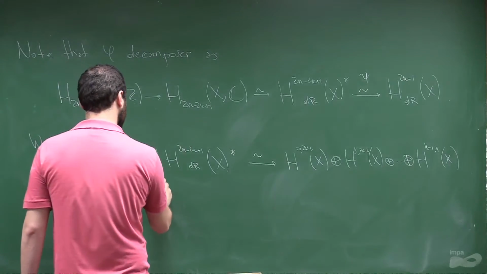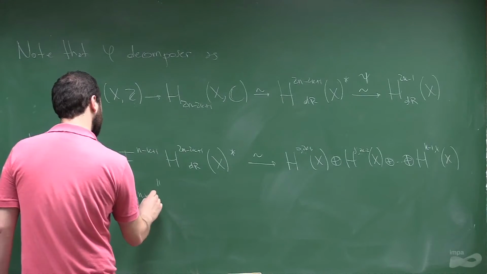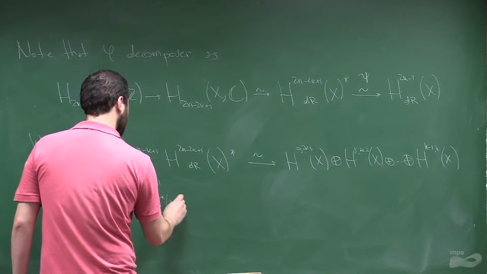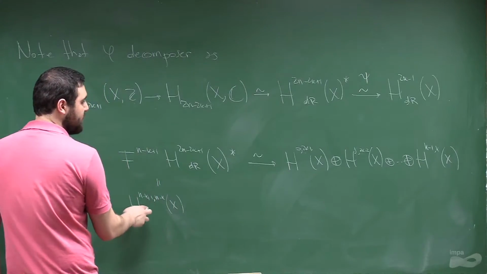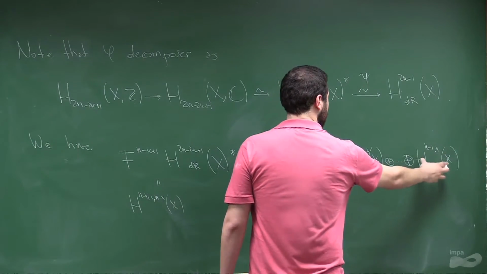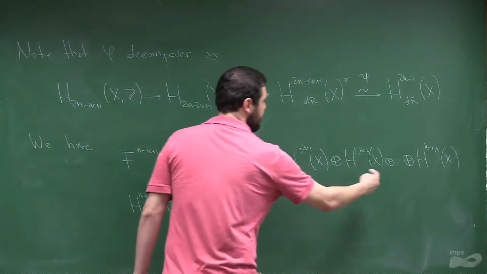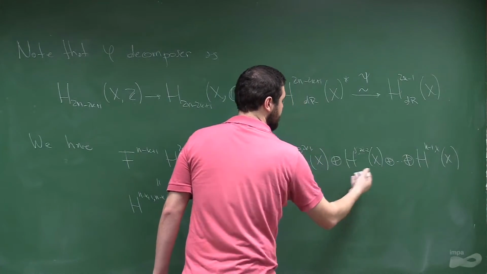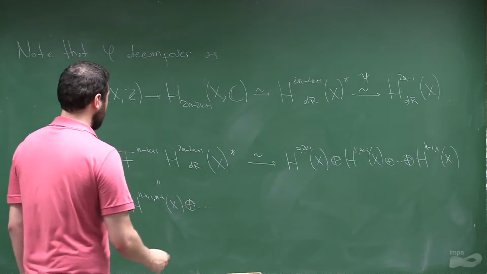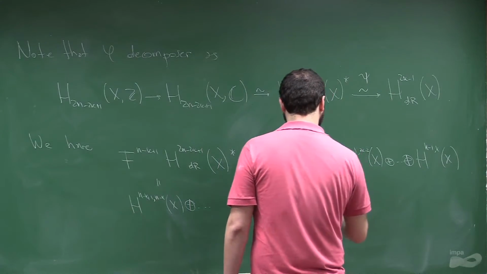So this is H^{n-k+1,n-k} of X. And the dual of this will be this guy, the (k-1,k) group. And you go further, and the duals will be here, right? So we have this isomorphism, and this is exactly this quotient.